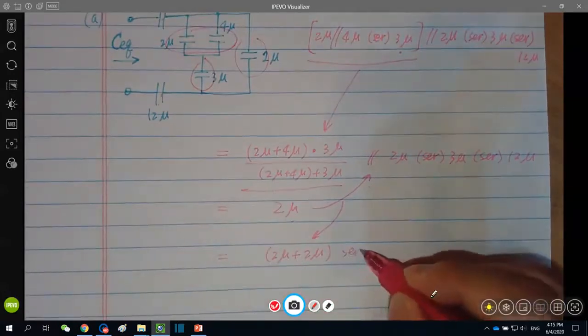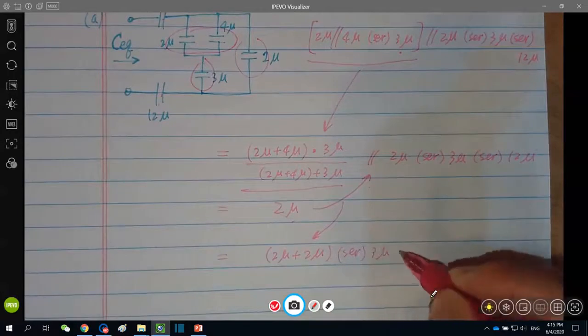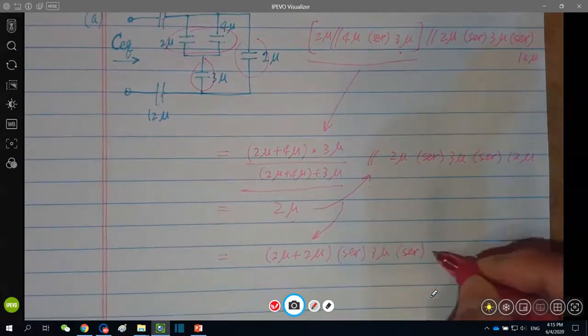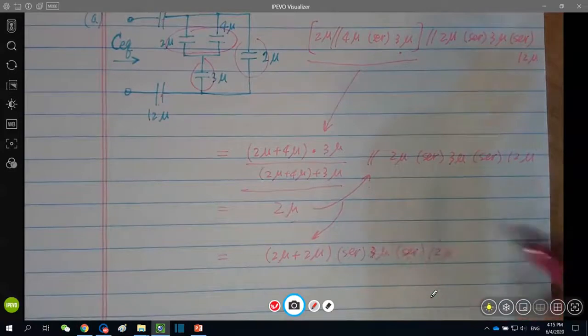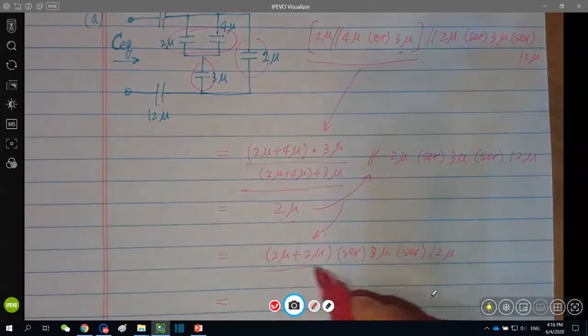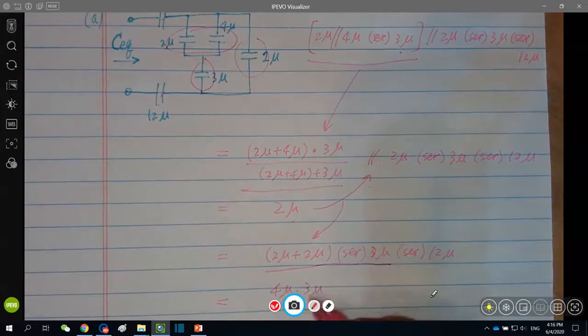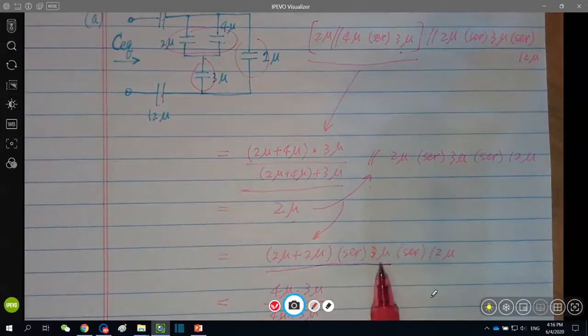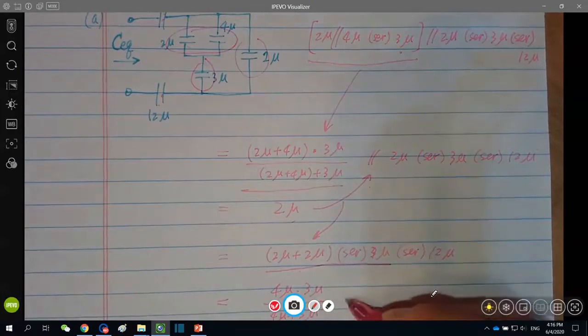And this result can be in series with 3, and then in series with 12. So 4, 3, 12 are series-connected capacitors. Following the rule of parallel resistors, combining these two first: 4 micro times 3 micro, divided by 4 micro plus 3 micro. This is 4 micro in series with 3 micro. And this is in series with the last 12 micro.